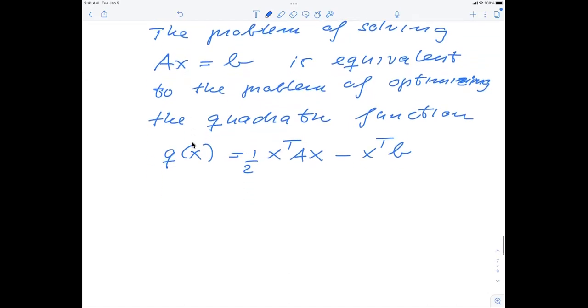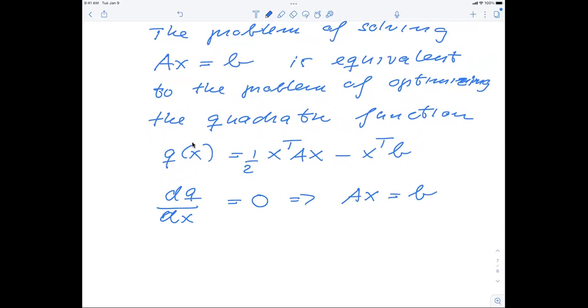And if we take the derivative of this quantity, dQ with respect to dx, and we want this to be 0, that leads to a problem which simply is Ax equal to B, when we take the derivatives of the function with respect to the vector.